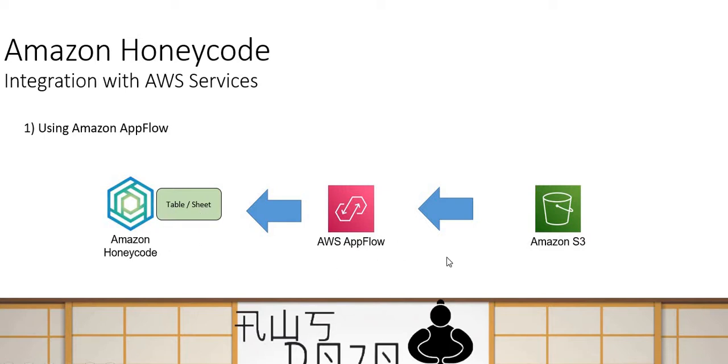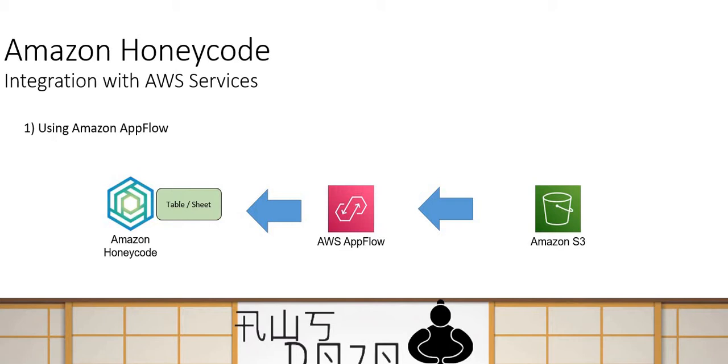Amazon AppFlow will use S3 as the source and the Honeycode table as the destination, and then this flow can be run based on an event, on a schedule, or on demand to import S3-based data to the table.